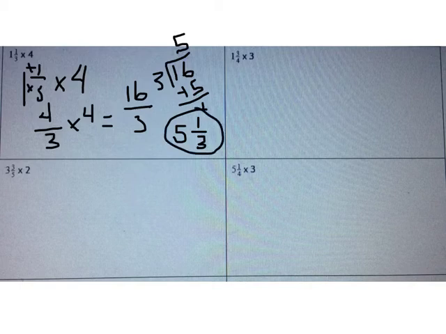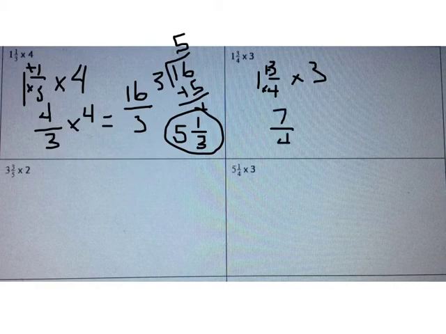Now let's try another. What's 1 3/4 times 3? First, how do I write 1 3/4 as an improper fraction? Well, 1 times 4 is 4, plus 3 more is 7 over 4. What's 7/4 times 3 written as an improper fraction?